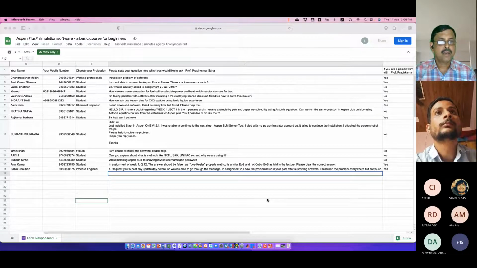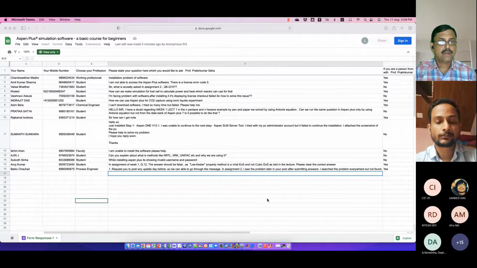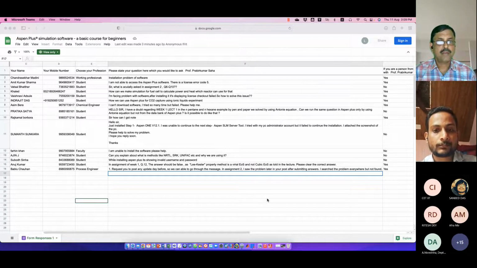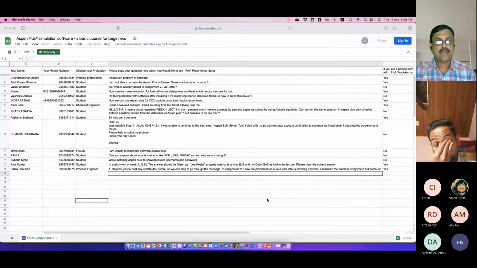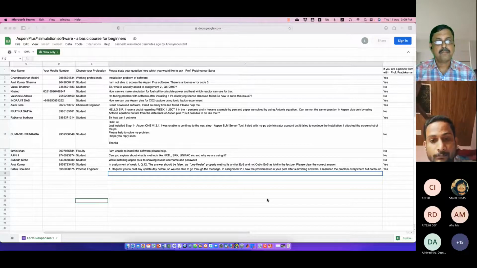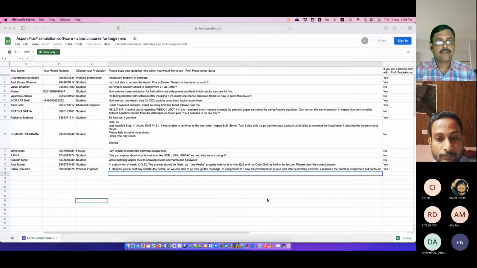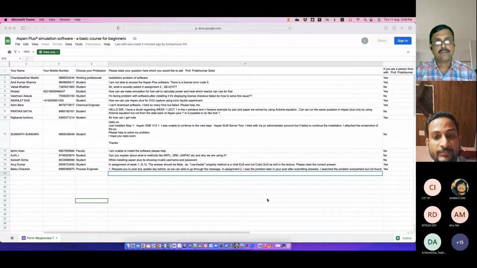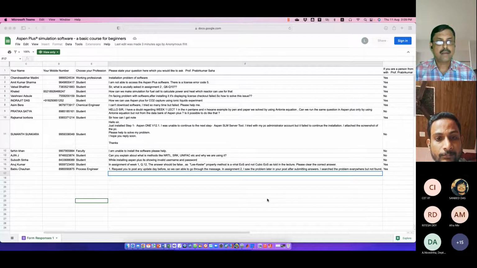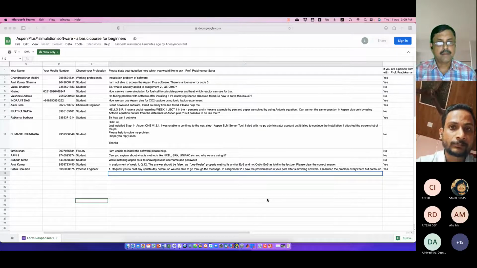Indrajit Dash, how can we use Aspen Plus for CO2 capture using ionic liquid experiment? Again, the same thing I can answer: such specific experimental details or very customized reactor cannot be modeled in Aspen Plus.